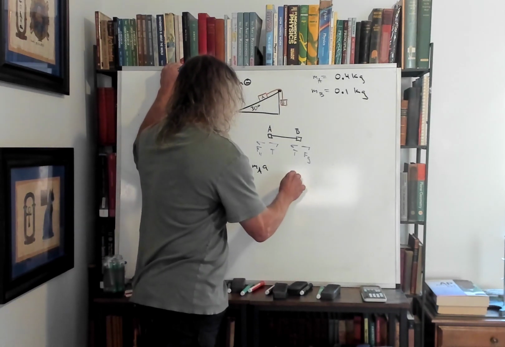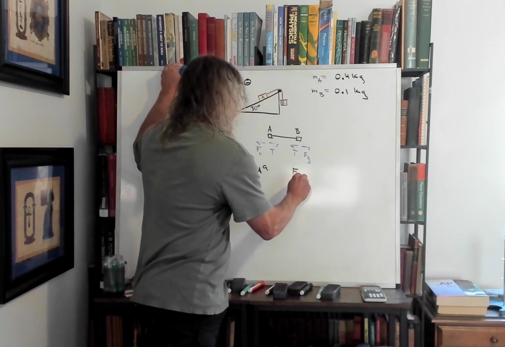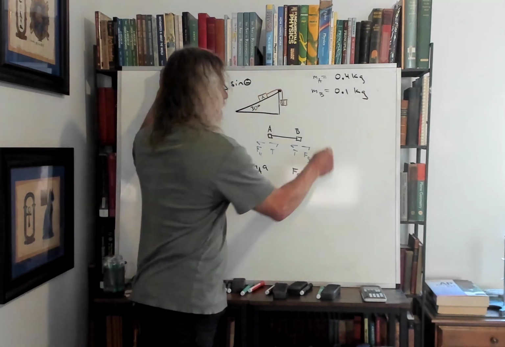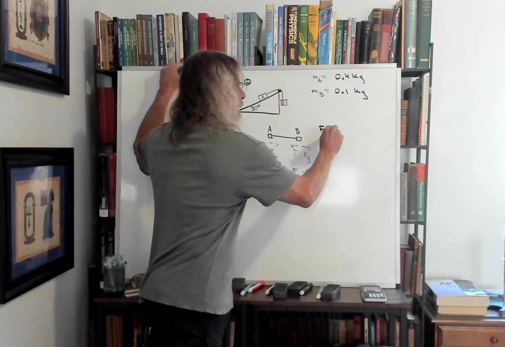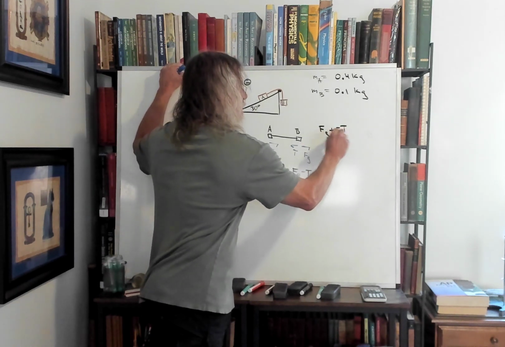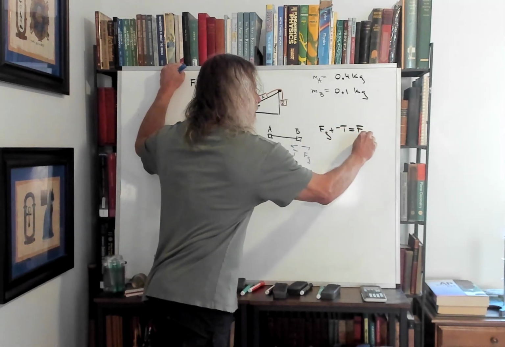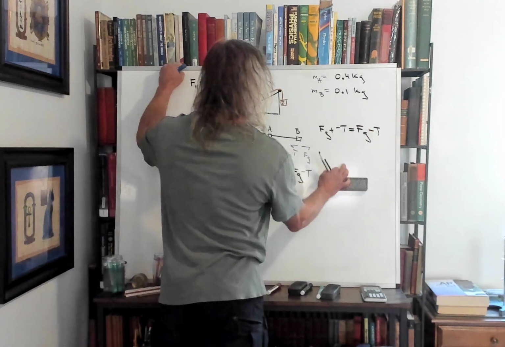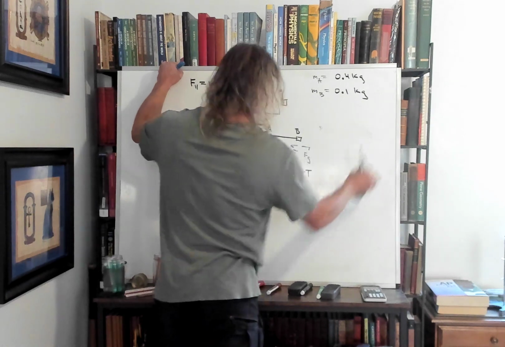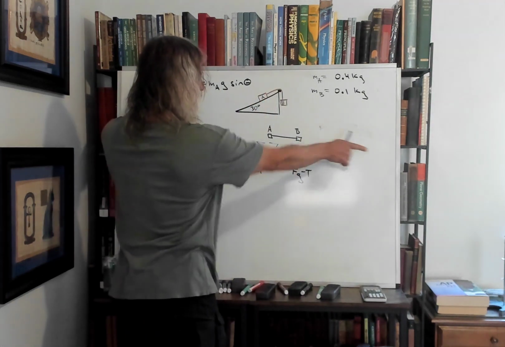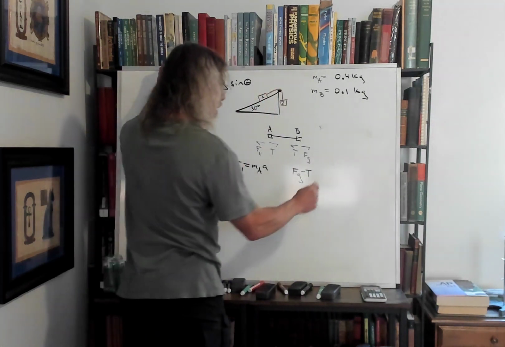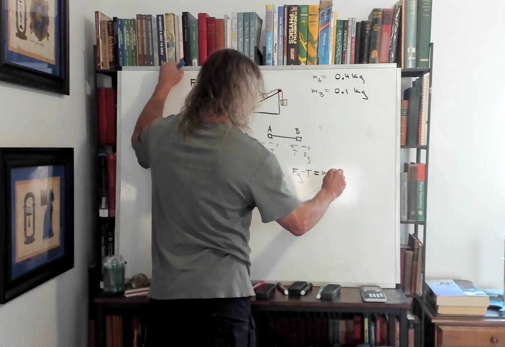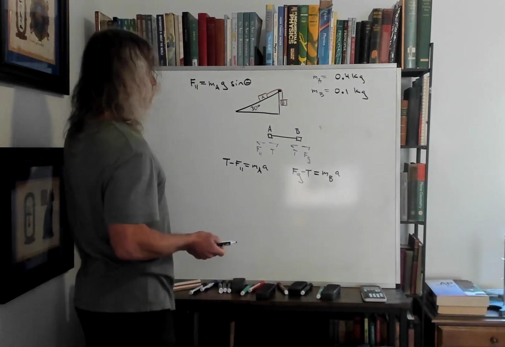And here, Fg minus T, because that's positive and that's negative, you know, F sub G plus negative T is like Fg minus T. Positive direction, negative direction, and that's mB times a.